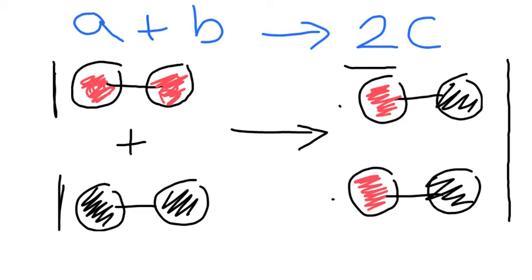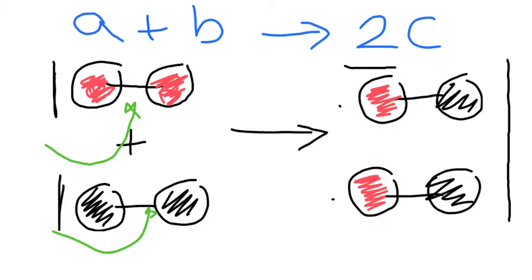In order for A and B to be able to react together, something has got to happen. In particular, this bond has to be broken, and this bond has to be broken.